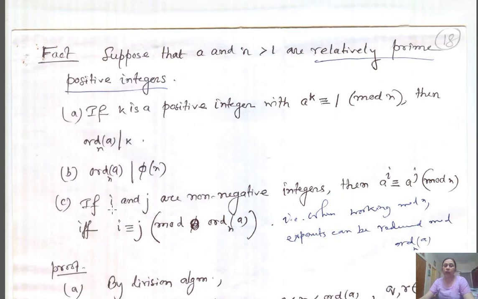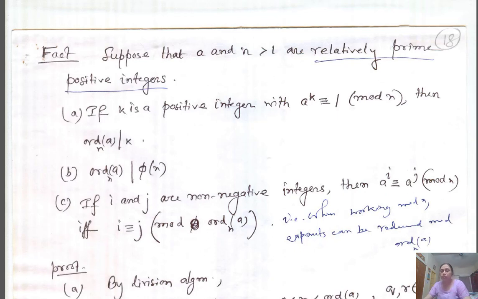And also if i and j are non-negative integers, then a to the power i is congruent to a to the power j modulo n if and only if i and j are congruent modulo order of a modulo n.